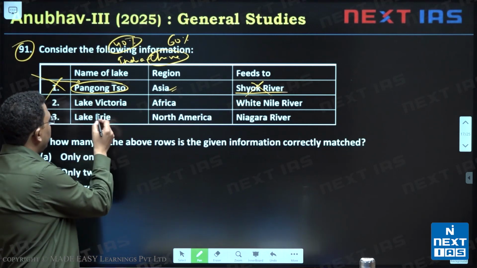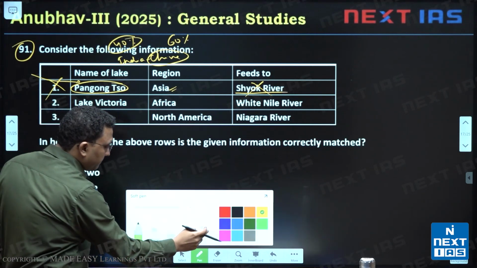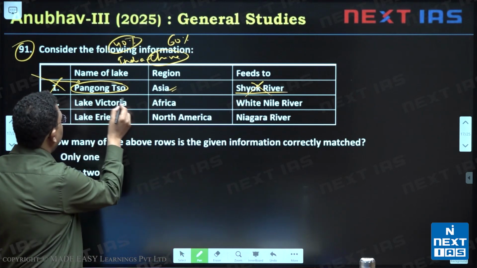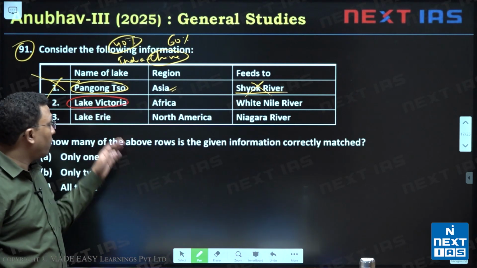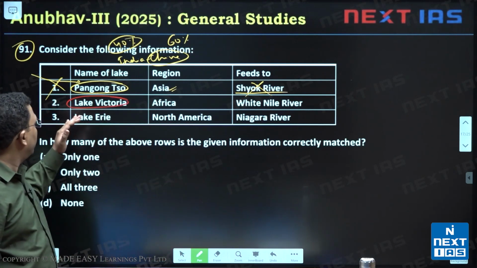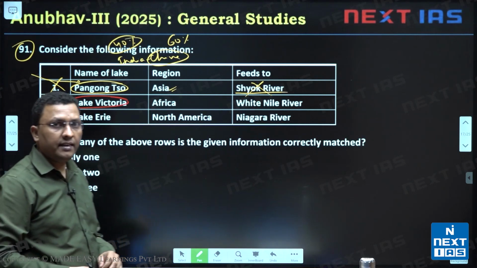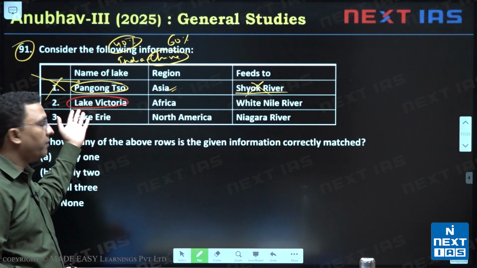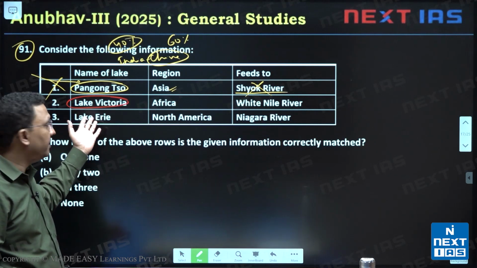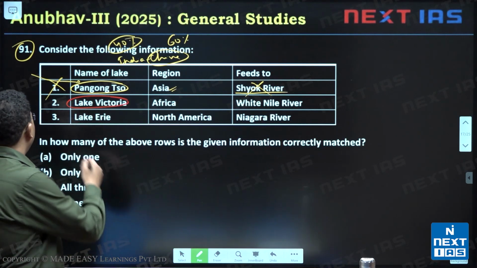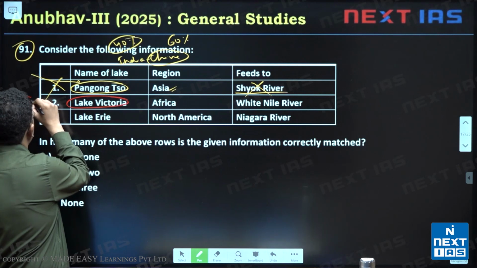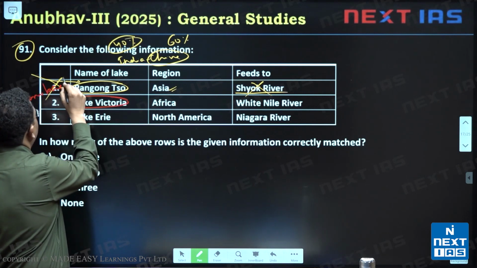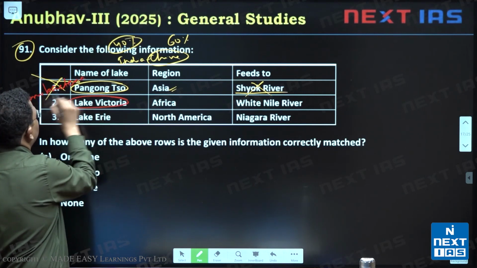The second lake given here is Lake Victoria. Lake Victoria was also in the news because this lake is turning green, right? A study was conducted to find out the reason for its turning green, and the study found that it is turning green because of increased presence of cyanobacteria, right?